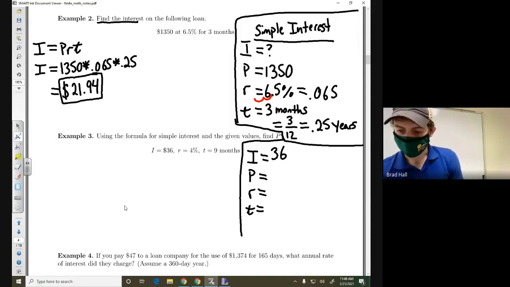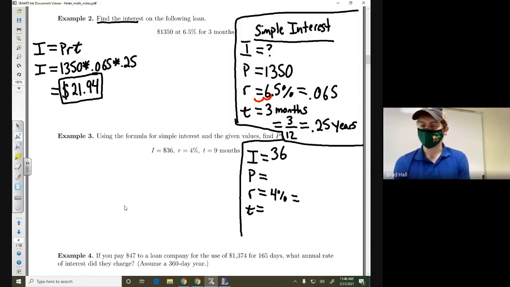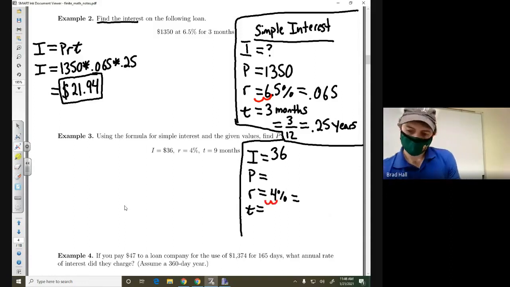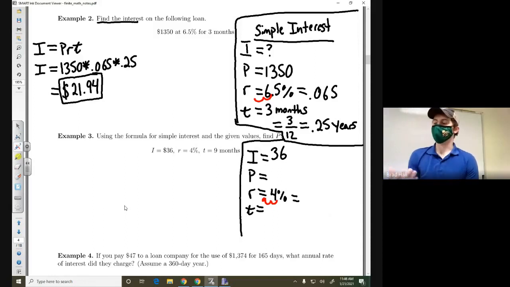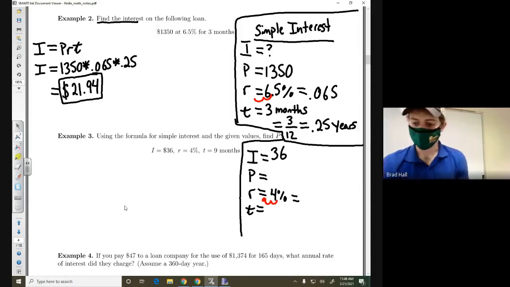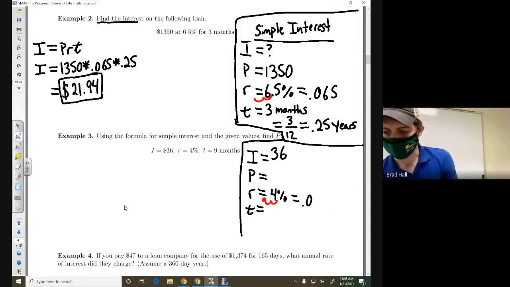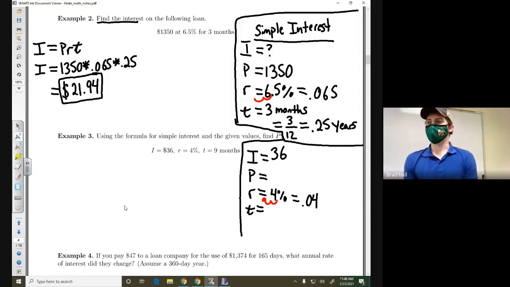They tell us R is 4%, which, like we did in the previous problem, we can rewrite by moving the decimal place over once, twice. Here, 4 didn't really have a decimal that we could see, but we know it's right behind the 4. And so 4% becomes 0.04, or 4 divided by 100, in other words.